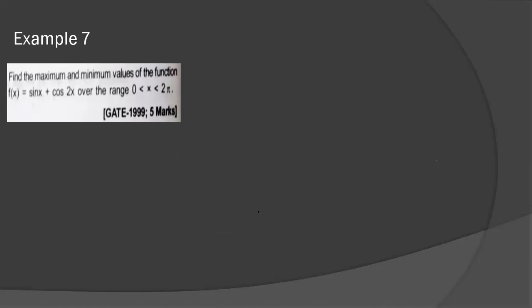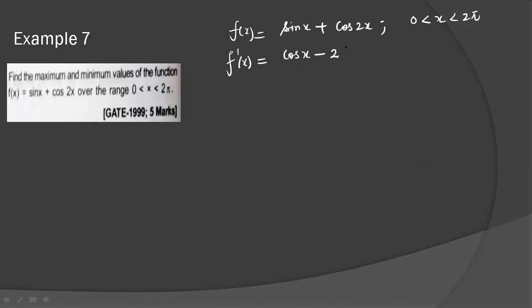Next problem is find the maximum and minimum value of the function f(x) equal to sin x plus cos 2x in 0 to 2 pi. If we make the first derivative, it is cos x minus 2 sin 2x.